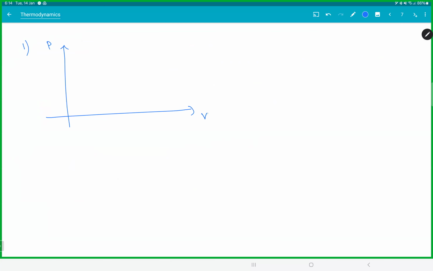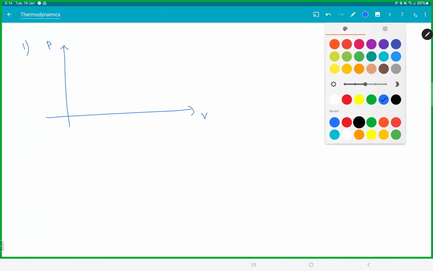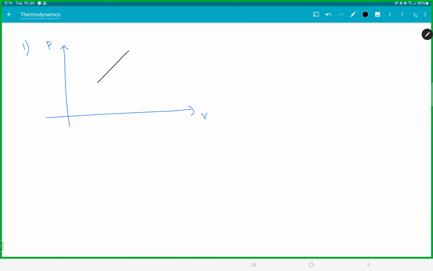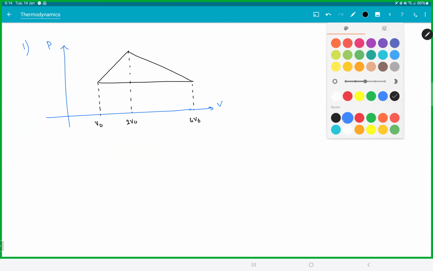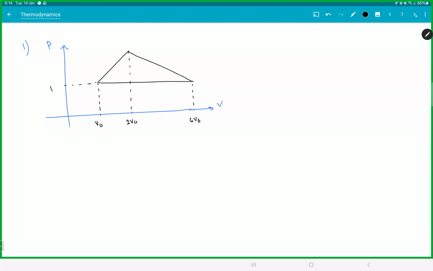So we have a PV graph. This is V naught, 2V naught, this is 4V naught. This is P naught, this is 2P naught.